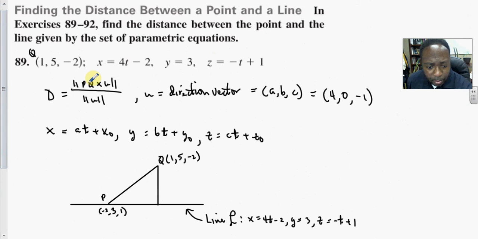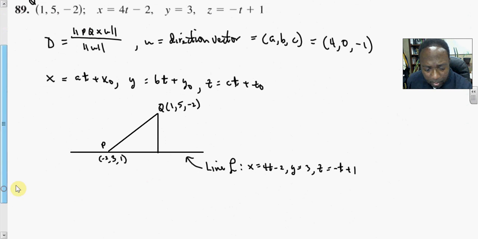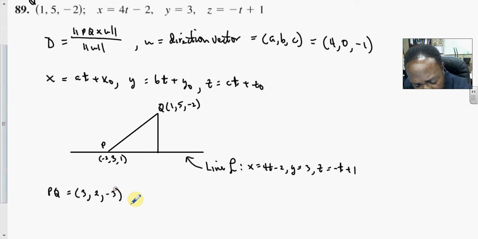So we need PQ for this formula. So we go 1 minus -2 is 1 plus 2, which is 3. 5 minus 3 is 2, and then -2 minus 1 is -3. We have U again.